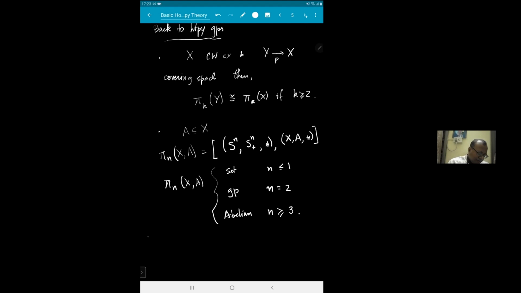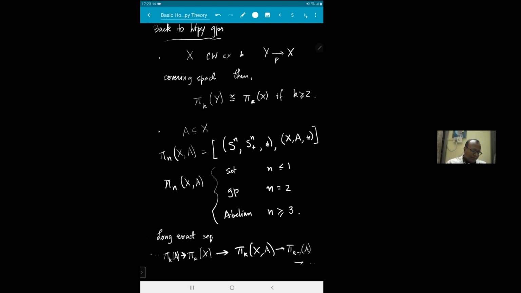You can easily deduce a long exact sequence which looks like this: pi k of A goes to pi k of X, goes to pi k of X comma A, and then goes to pi k minus 1 of A, and so on.